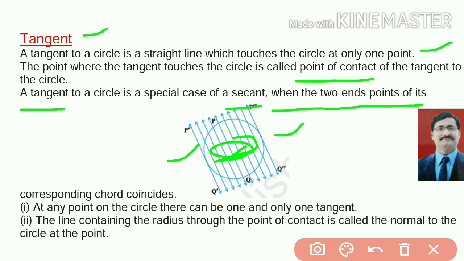The line containing the radius through the point of contact is called the normal to the circle at that point. That is, the line perpendicular to the tangent that passes through the center is called the normal.